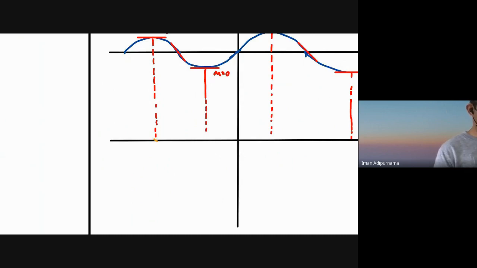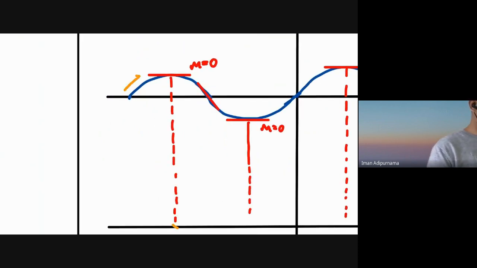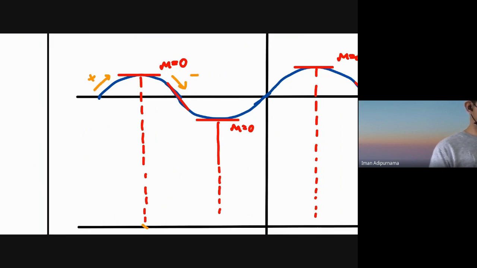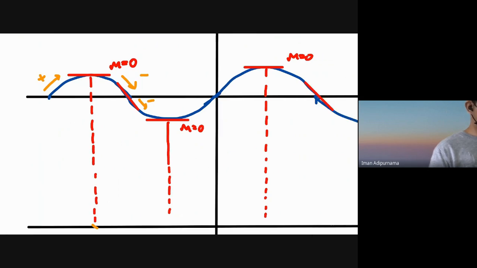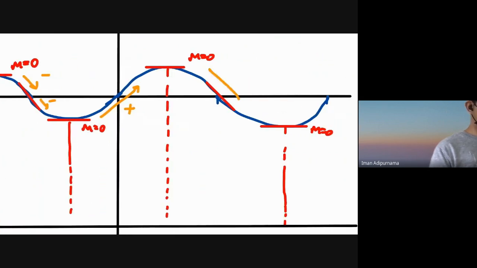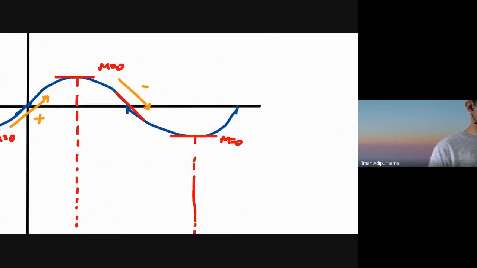So it will cross here. It's increasing here, positive, right? And this is decreasing, and then it's negative, still negative. And this will be positive, right? This will be negative. Okay.